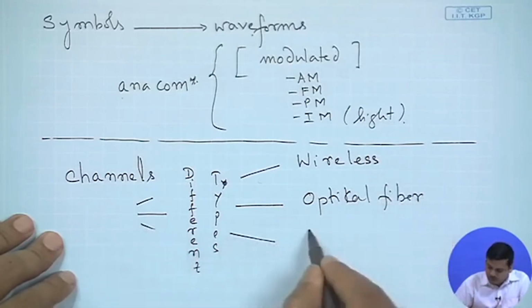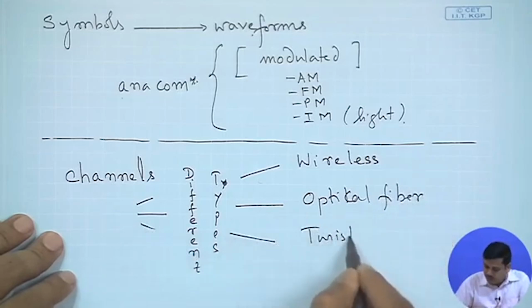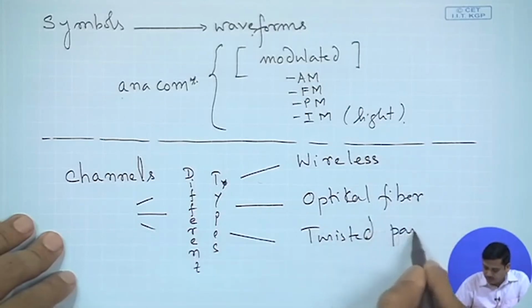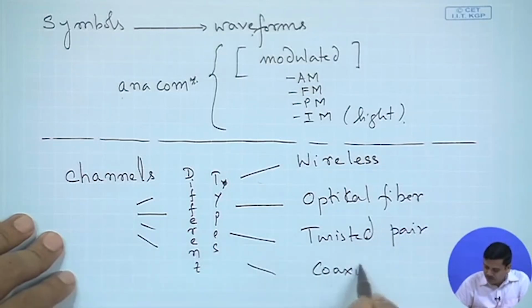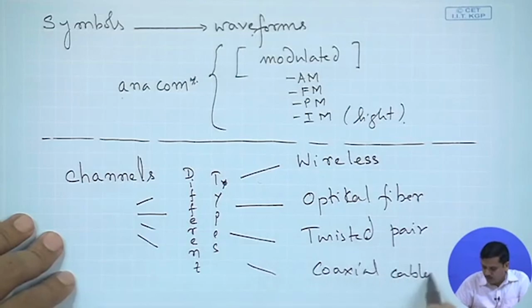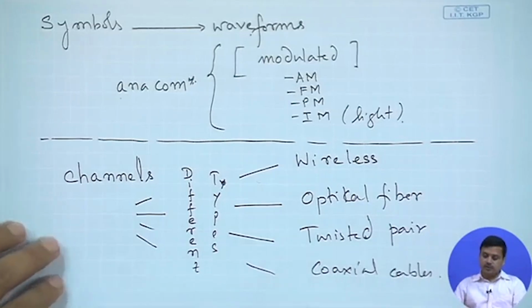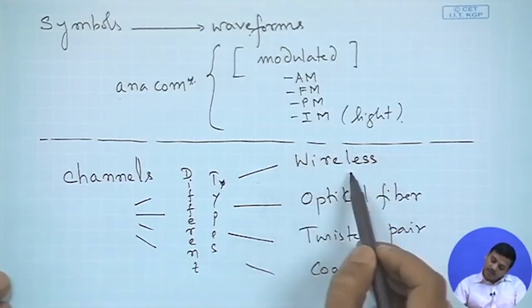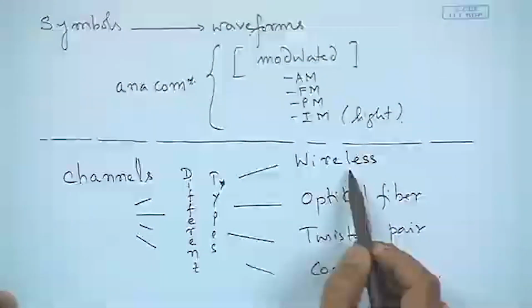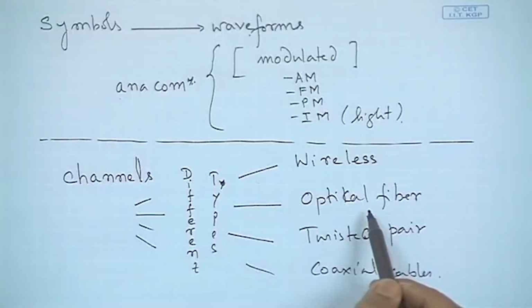The other one could be a twisted pair. Then there could be coaxial cables. Now if we look at these different channels, one can say that if it's a wireless channel, then you have to modulate the electromagnetic wave. If it's the optical fiber, of course it's the light, so you are still talking about EM waves, but the kind of modulation could be different.